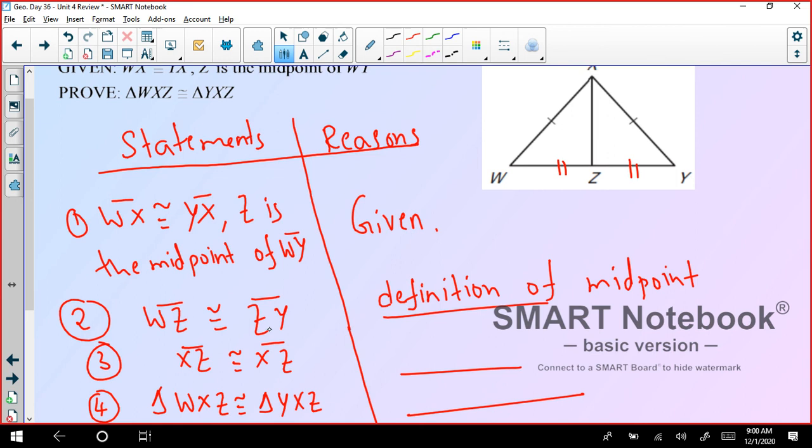And this is your reflexive property. Whenever you are speaking about the same side, it's your reflexive property. Reflexive property of congruent segment, if you want to be more accurate.